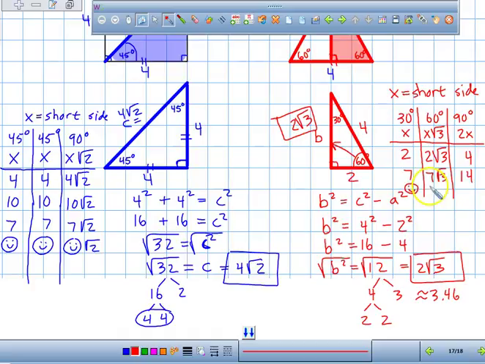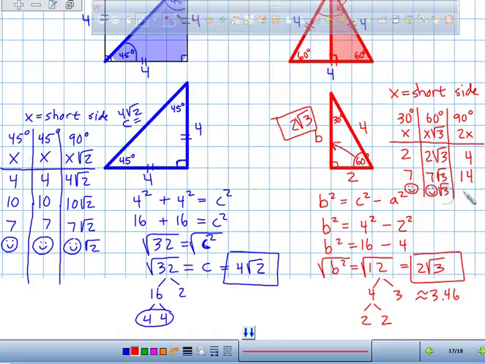What's this side going to be? Happy face radical 3. And what's this going to be? 2 times happy face.